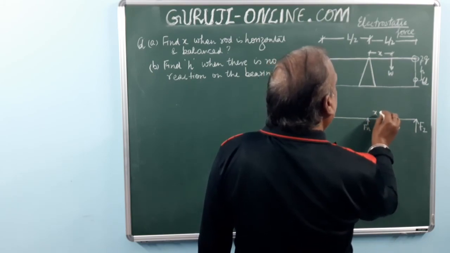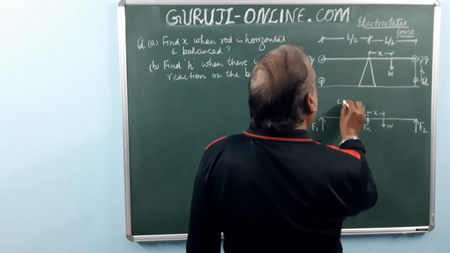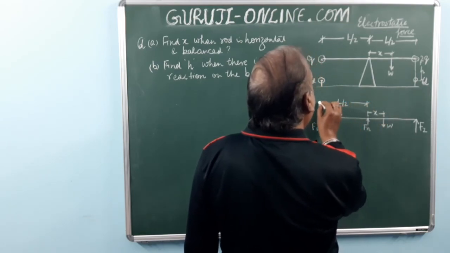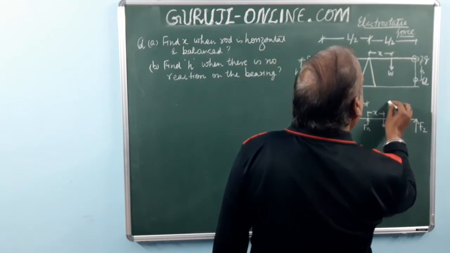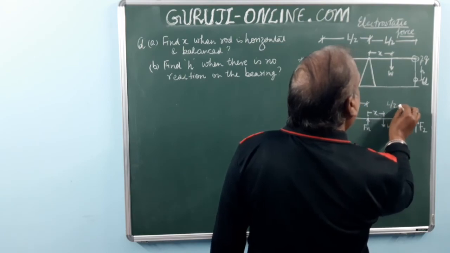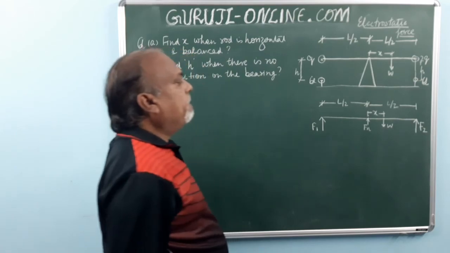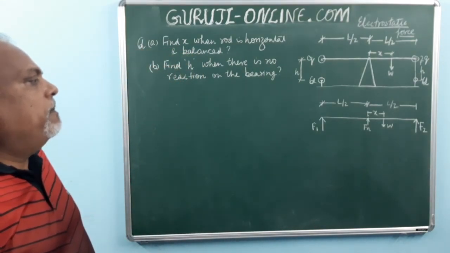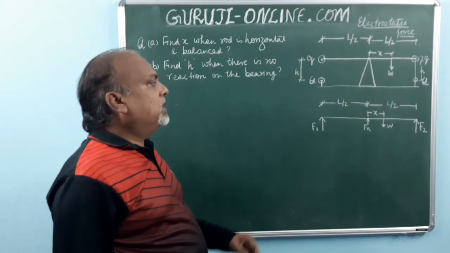So this is X, this is L by 2, and this is your L by 2. This is a simple free body diagram of this rod due to various forces acting on this.